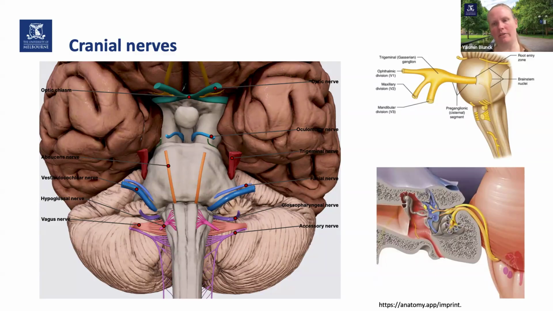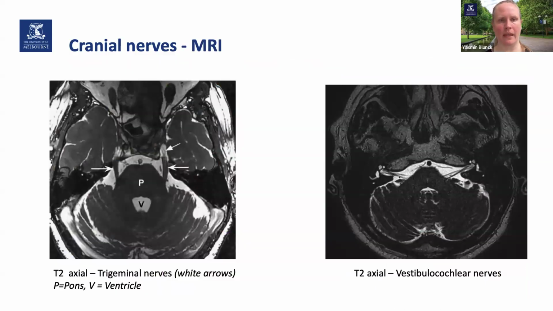However, as I said before, this remains a very challenging imaging target, given the location and also the complex shape of these nerves. You can see this from the anatomical context here. So here we are seeing two T2 axial images. The one on the left is showing us the trigeminal nerve. You can see that here with the arrows. And on the right, we can see the auditory nerve.